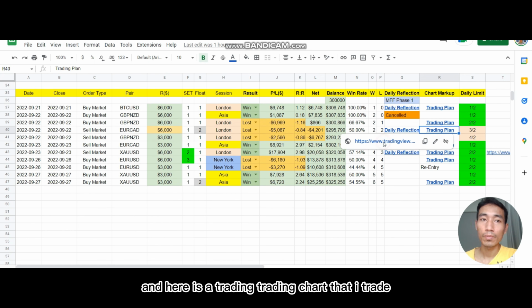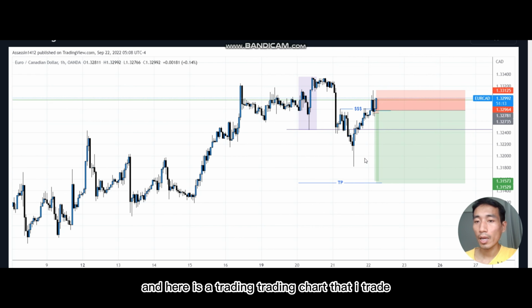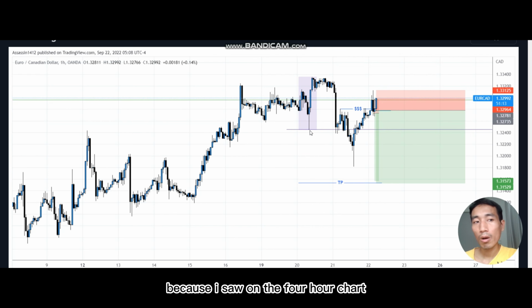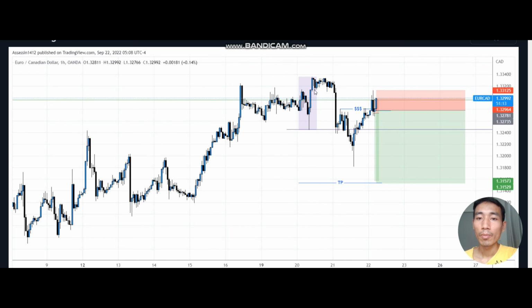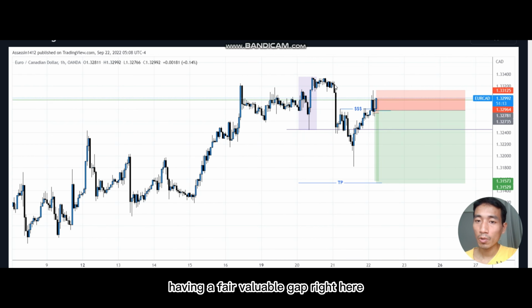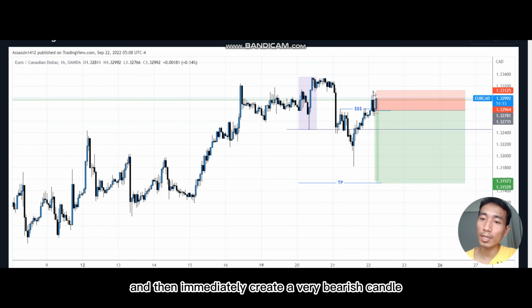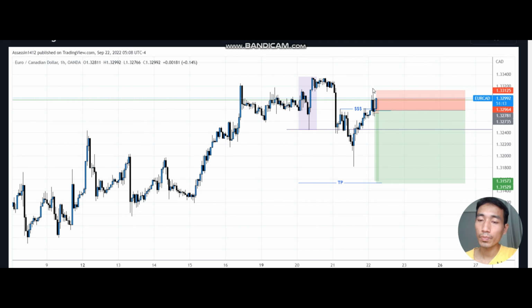And here's a trading chart that I traded, because I saw on a 4-hour chart price was at a low, having a fair value gap right here. Price traded up into this fair value gap, checked out this buy side liquidity, and then immediately created a very bearish candle.